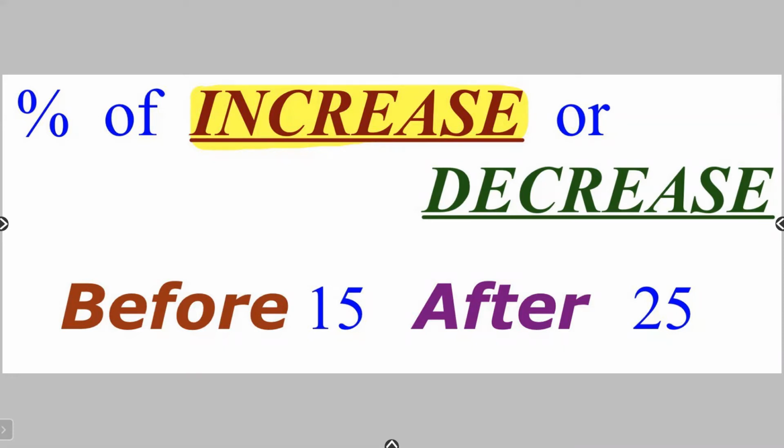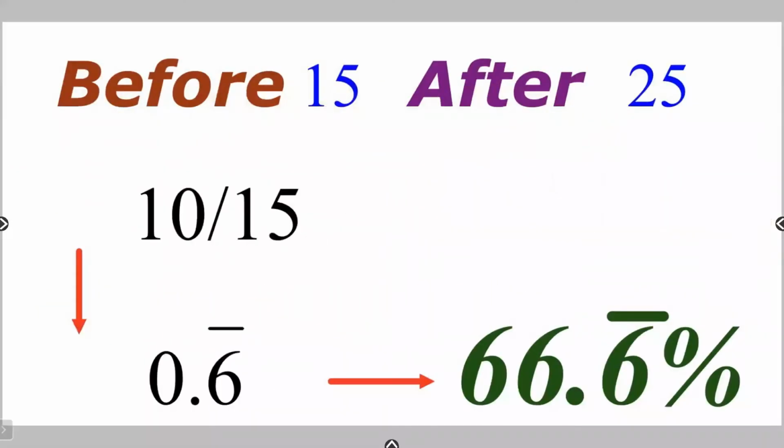The bottom of the fraction is always going to be the before number, whether it's an increase or a decrease. So now when you build this fraction, you see 10 over 15. And when you take your calculator and do 10 divided by 15, you get 0.6 repeated. And this comes out to be 66.6 repeated percent.